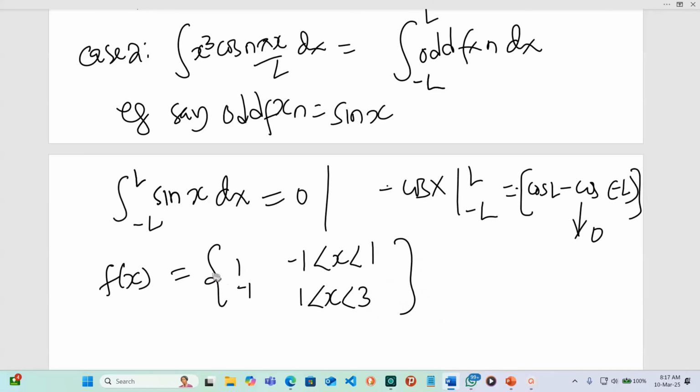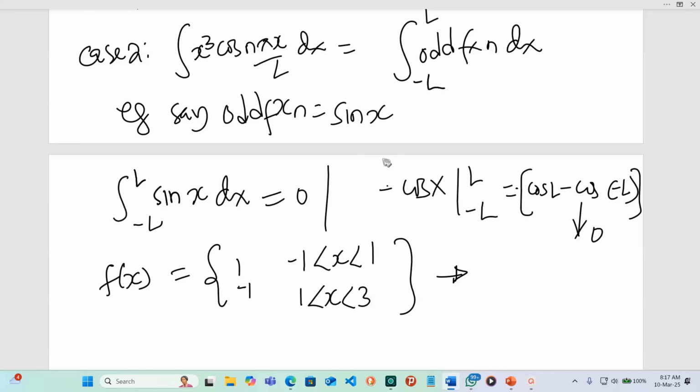So you can see that this is a little bit different, and you need to carry out all these integrals. That means you have to integrate f of x, from negative 1 to 1, plus negative 1 times sine from 1 to 3. So this one may not be the same as this.